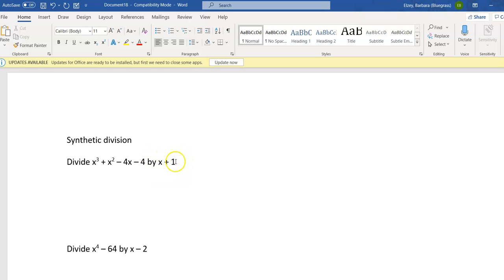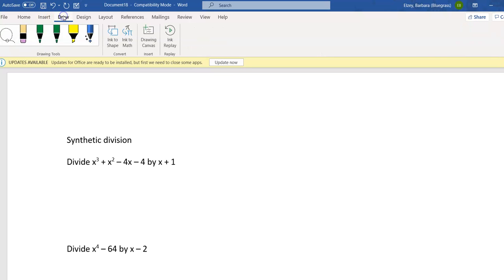When we're doing synthetic division, we look at the thing that we're dividing by, and we leave the x out. We just put the opposite of the number that's in that factor. So we're going to put -1 on the outside of a division sign.